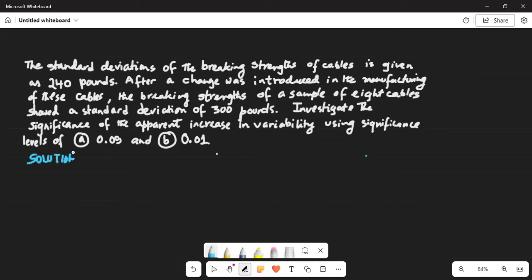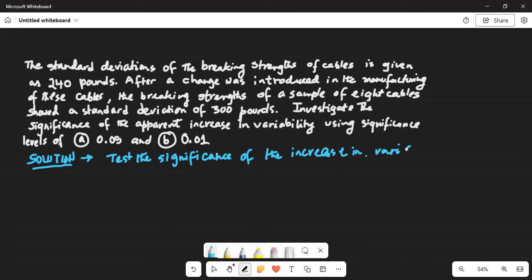Solution. Test the significance of the increase in variability, that is, standard deviation.